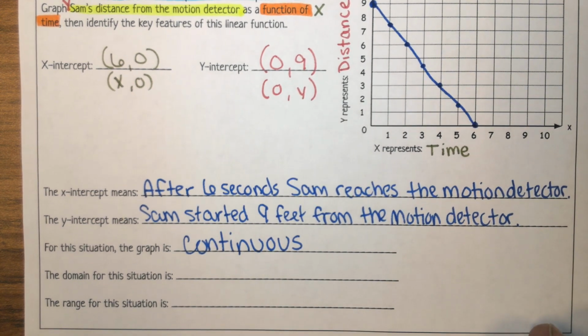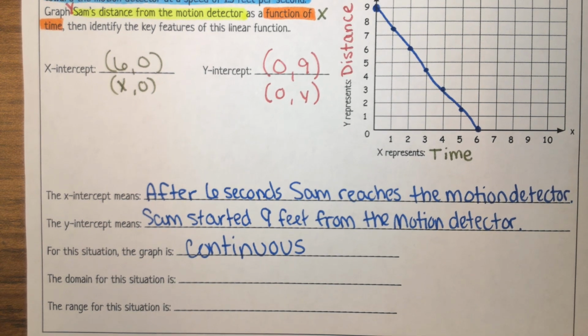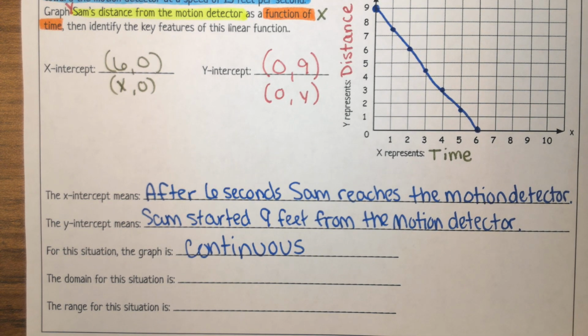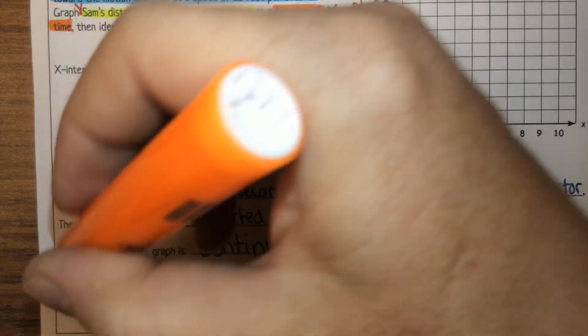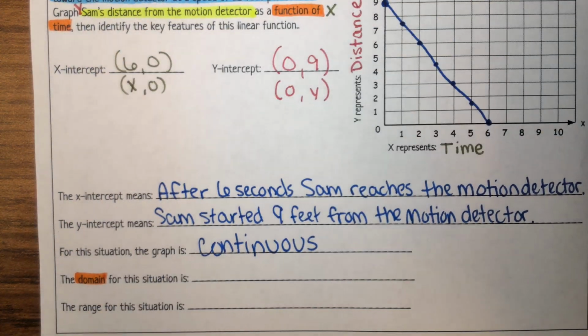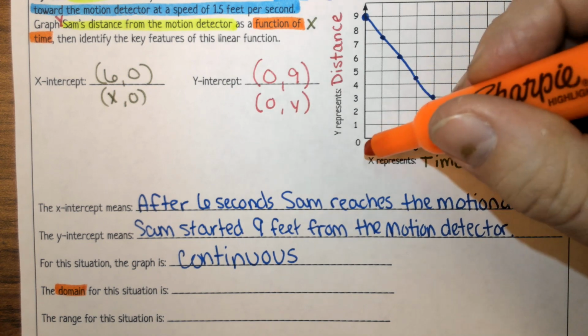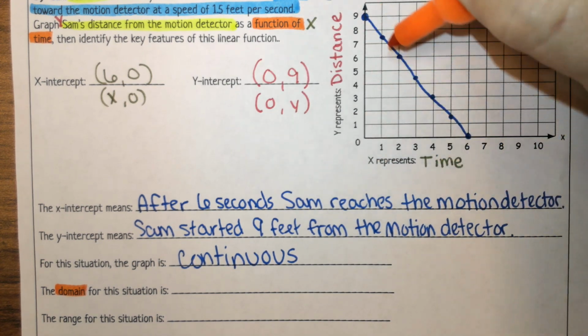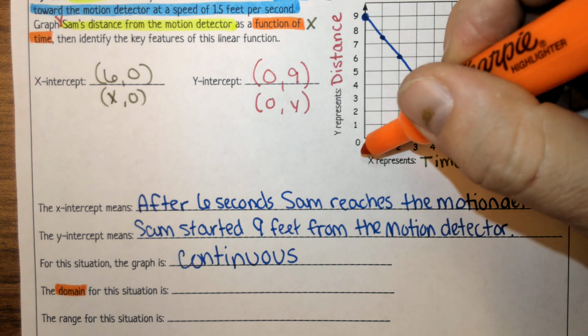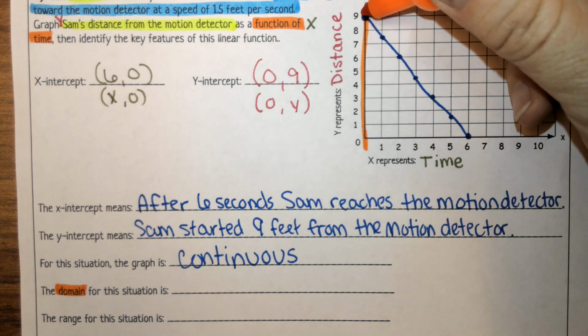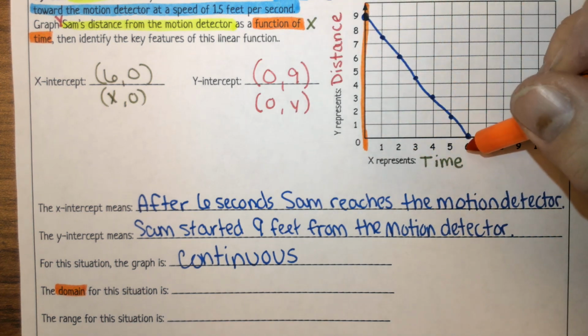All right, last two, domain and range. So remember, your domain is x. So I go find my left side. If I go up this line all the way to the left, here's my left boundary. And then here's my right boundary.